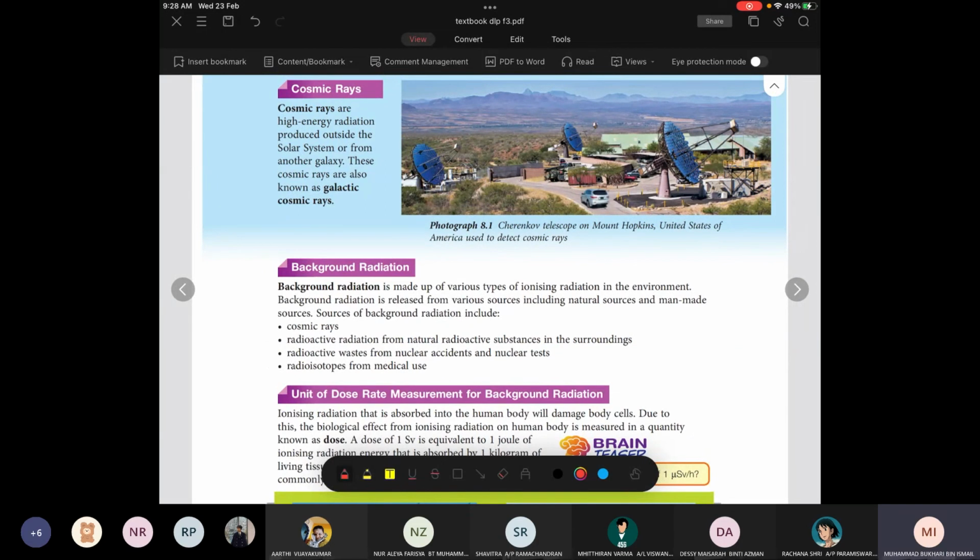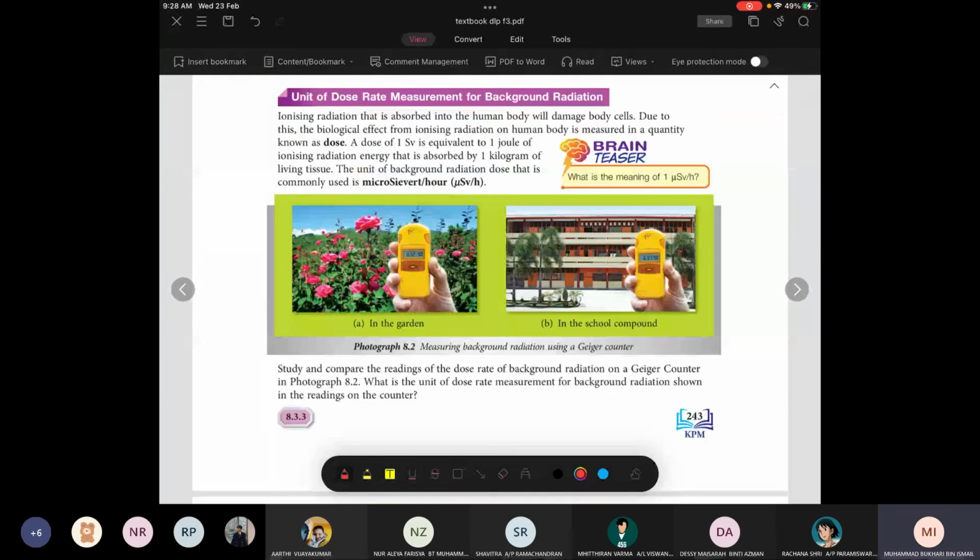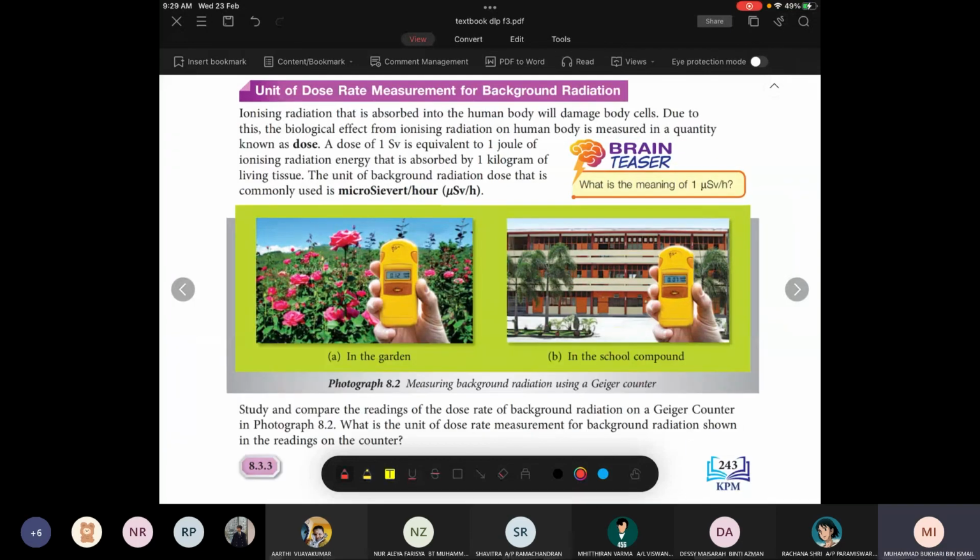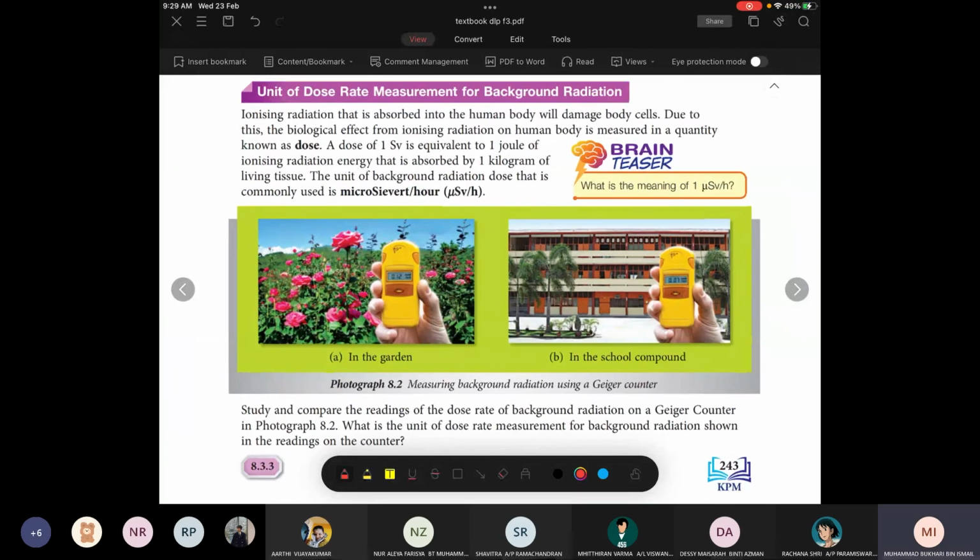Cosmic ray, background radiation. I have explained this already just now. Next one is unit of dose rate measurement for background radiation. Ionizing radiation that is absorbed by the human body will damage body cells. Due to this, the biological effects from ionizing radiation on the human body are measured in a quantity known as dose.